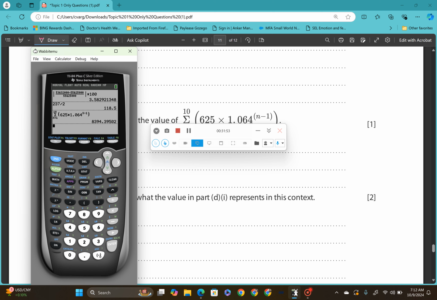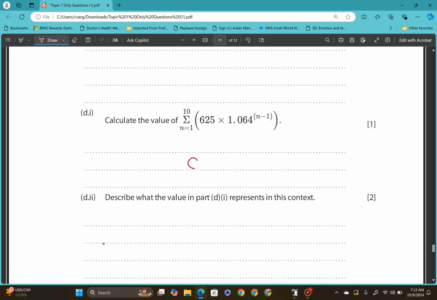So we have this value right here. I just put calculator summation. And our answer is 8394.39, and to three significant figures, this is 8390. Okay, so that is our answer for this one.